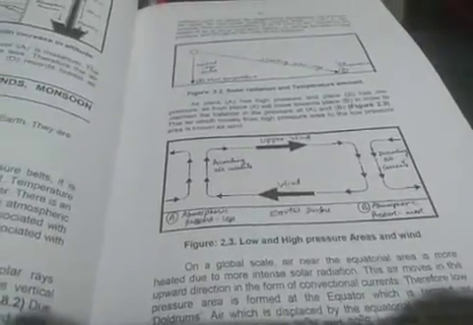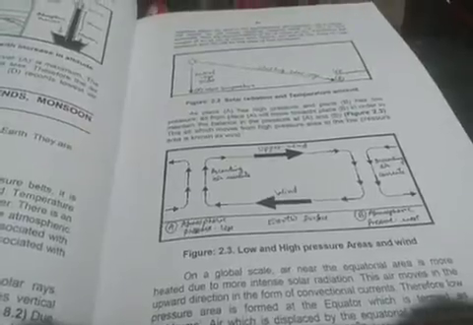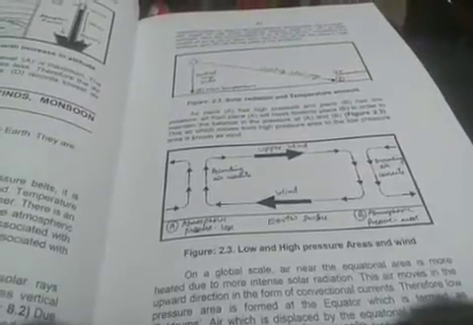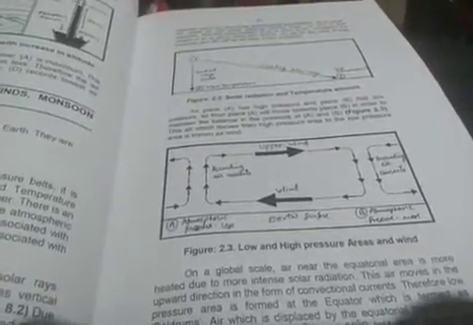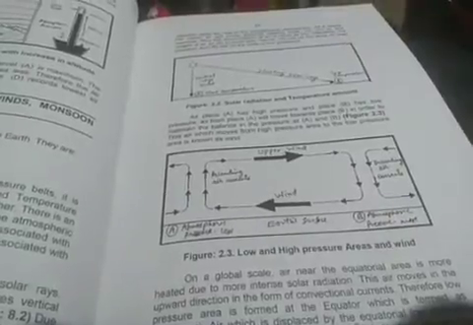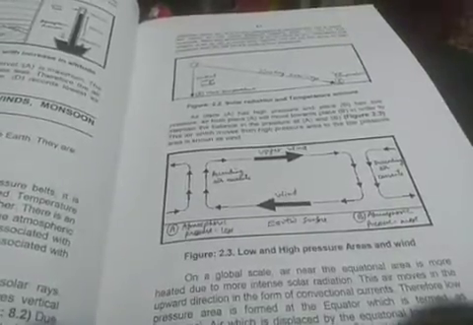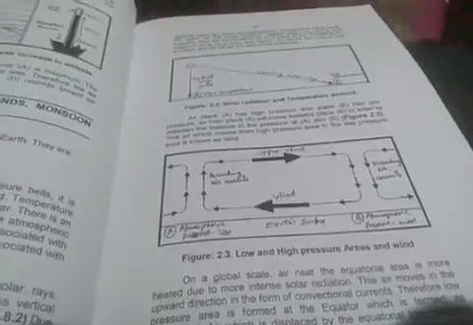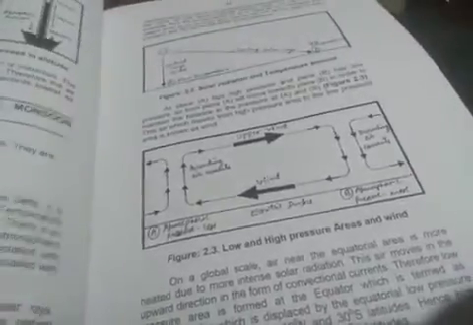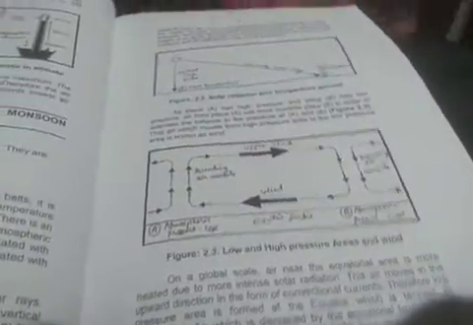Thus, place A is high pressure and place B is low pressure. Air from place A will move towards place B in order to maintain the balance in the pressure at A and B. Figure 2.3. This air which moves from a high pressure area to a low pressure area is known as wind. Figure 2.3. Low and high pressure areas and wind.